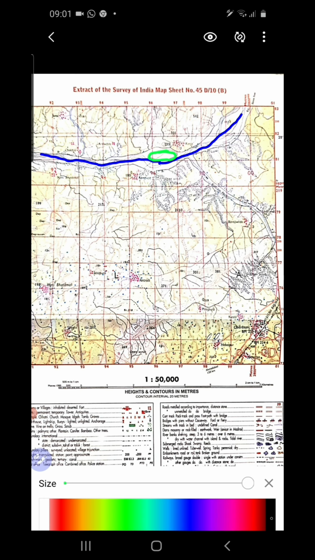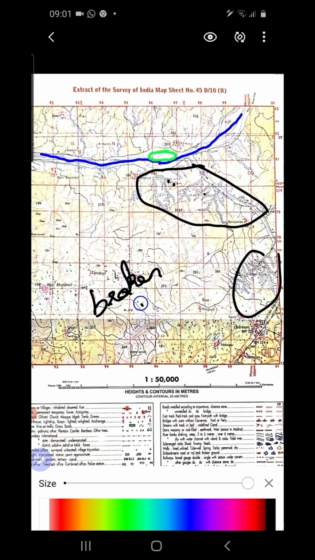Now you see some black curved lines here. Observe very clearly all these regions; in a number of places you can find black curved lines. What is this? This is called broken ground. How is this broken ground formed? During the rainy season, the river overflows, so floods occur, and both banks of the river are flooded.